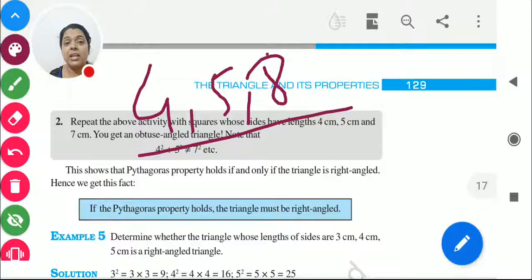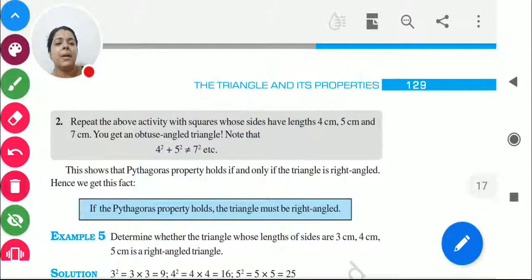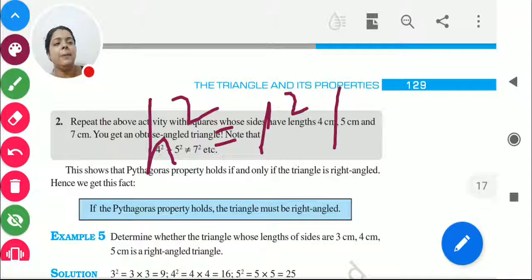So how will you check it? That is a very easy question, because as you know the rule of Pythagoras, the Pythagoras theorem, this is the formula we need to focus on. So just apply the formula. This is the hypotenuse, so hypotenuse square is equal to L square plus B square.